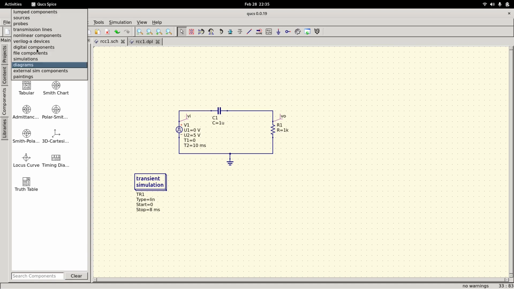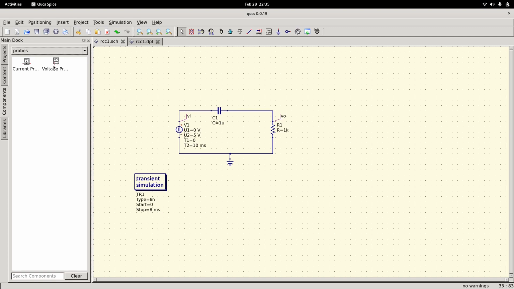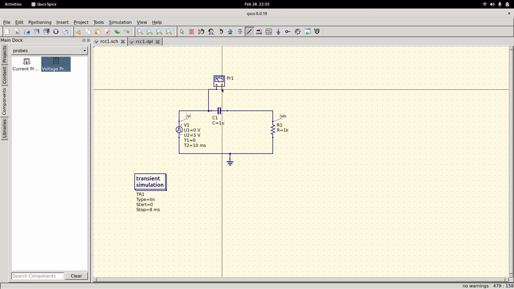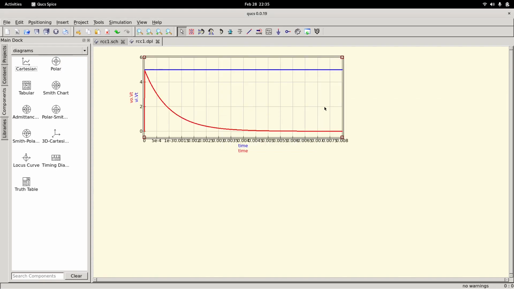So go to the probes menu, select a voltage probe, place it on the board, press escape and then wire the probe. Press escape. Again, run simulation, press F2.